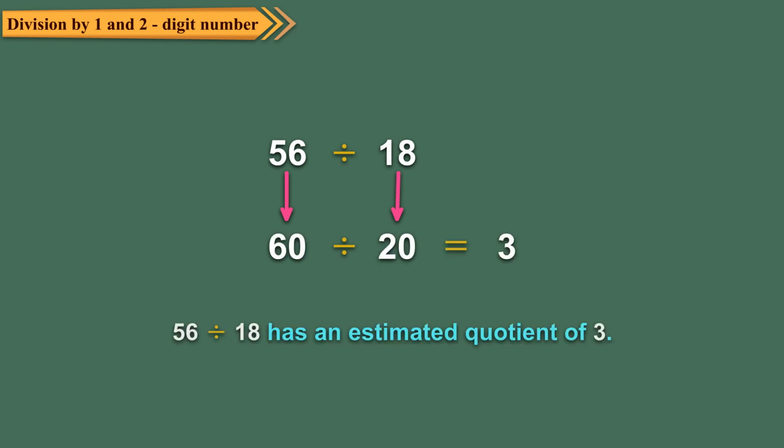To solve 60 divided by 20, think of 6 divided by 2. Since 6 divided by 2 is equal to 3, so 60 divided by 20 is also equal to 3. So 56 divided by 18 gives 3 as an estimated quotient.